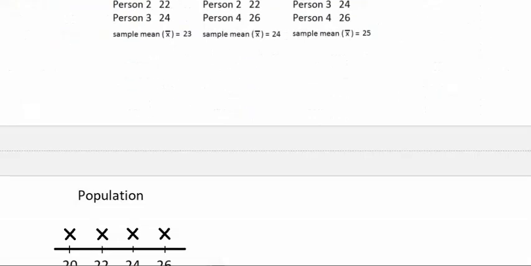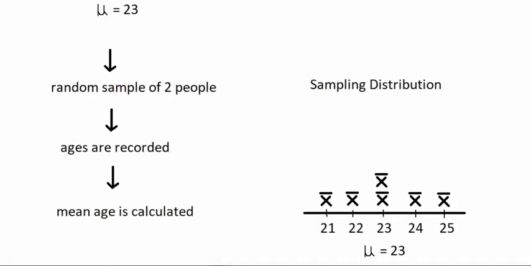Over here we have our sampling distribution. These are just the 6 sample means from that list on the last screen. They are the 6 answers that I calculated. So person 1 and person 2 have a mean of 21, person 1 and person 3 have a mean of 22, and so on. The highest one is person 3 and person 4, with a mean of 25 right here.